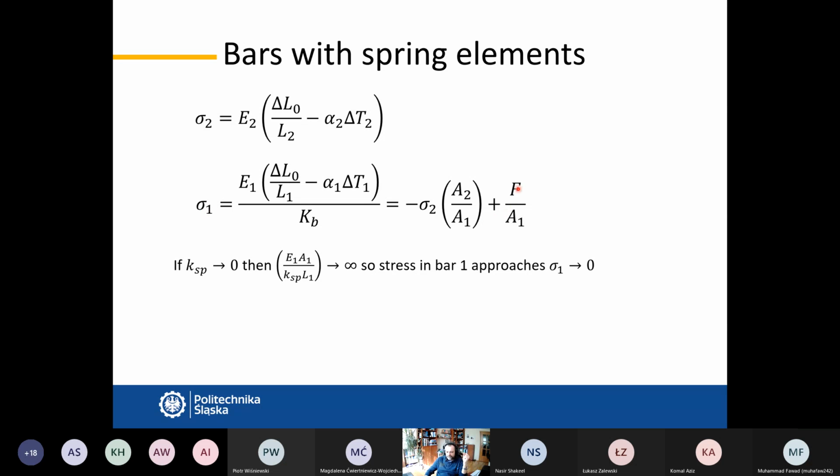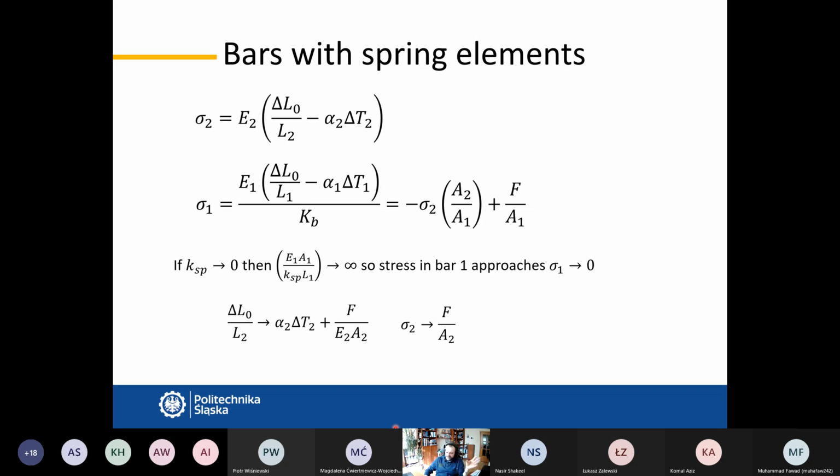And if there is no force from exterior, member 2 has also 0 stress. If the force is present, stress in the member number 2 results only from the force applied from the exterior.